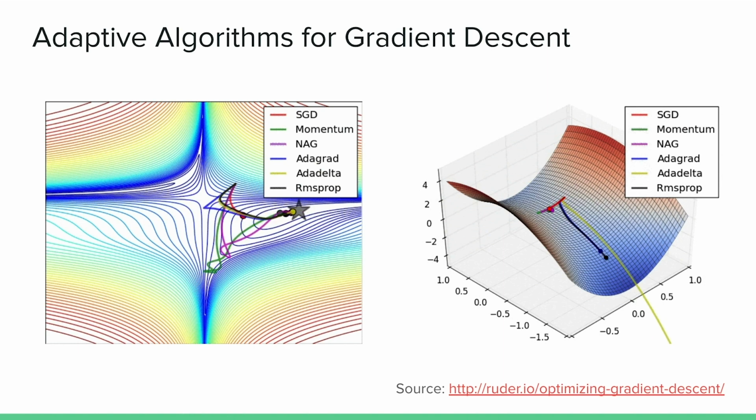You can see that these adaptive algorithms usually go down very fast, whereas stochastic gradient descent without any momentum is bouncing back and forth. In the right figure, you can see this quite well: the red dot gets to a point where it doesn't move downhill anymore. Momentum does, but it takes quite a while.